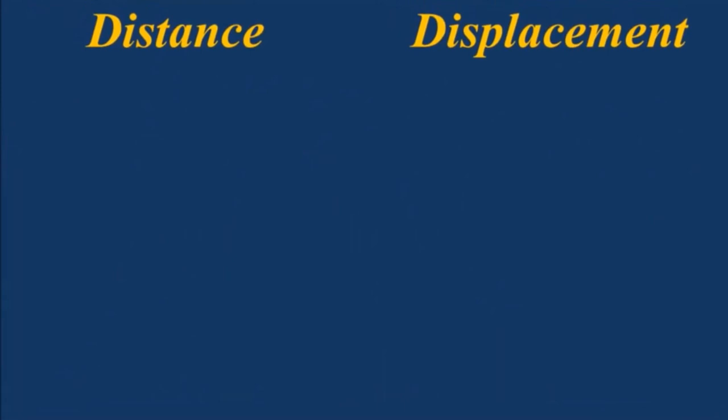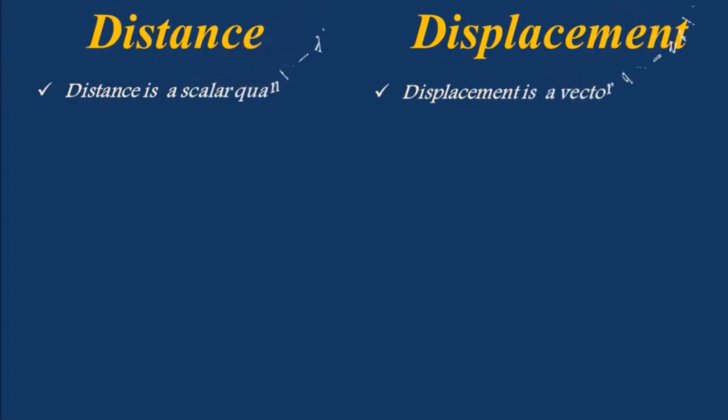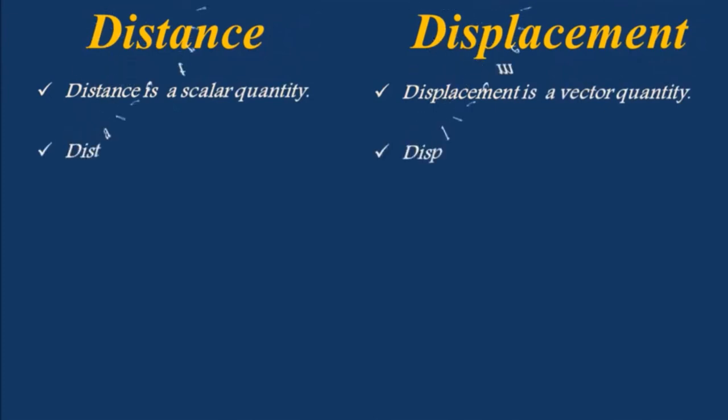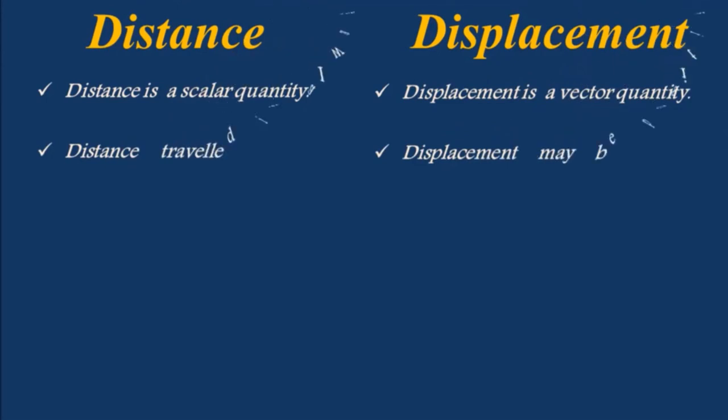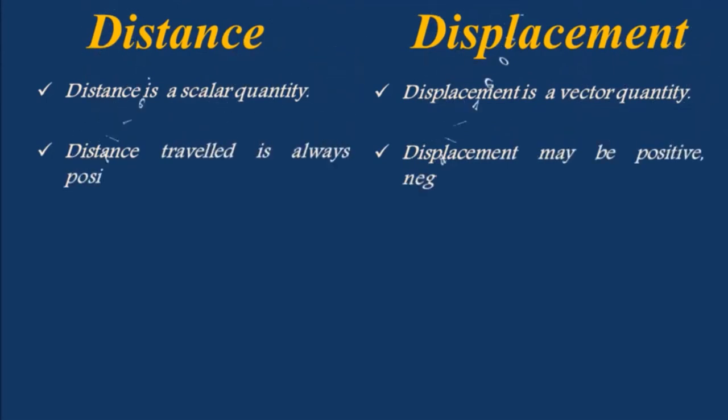Now let us see the differences between distance and displacement. Do you know the differences? First one, distance is a scalar quantity. Displacement is a vector quantity because it has direction. Distance travelled is always positive, but displacement may be positive, negative, or sometimes it may be 0.